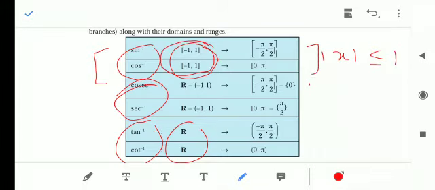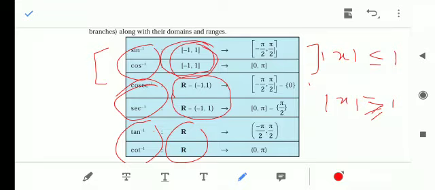The domain of sin inverse x and cos inverse x is mod x less than or equal to 1. And for cosec inverse x and sec inverse x, the domain is R minus the interval minus 1 to plus 1, which is nothing but mod x greater than or equal to 1, right? In the case of tan inverse x and cot inverse x, the domain is all real numbers.